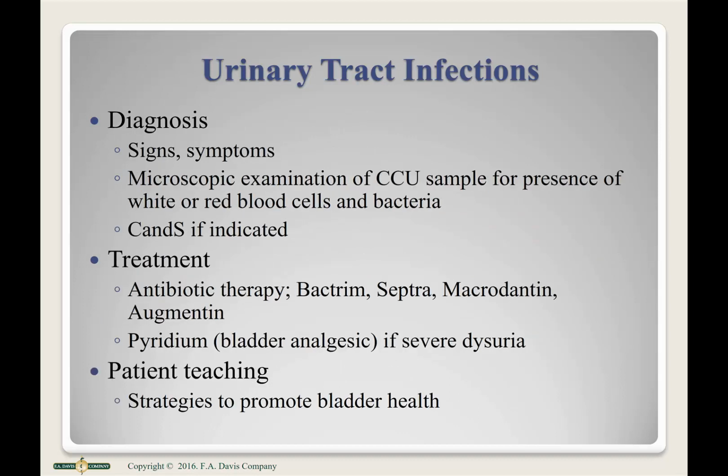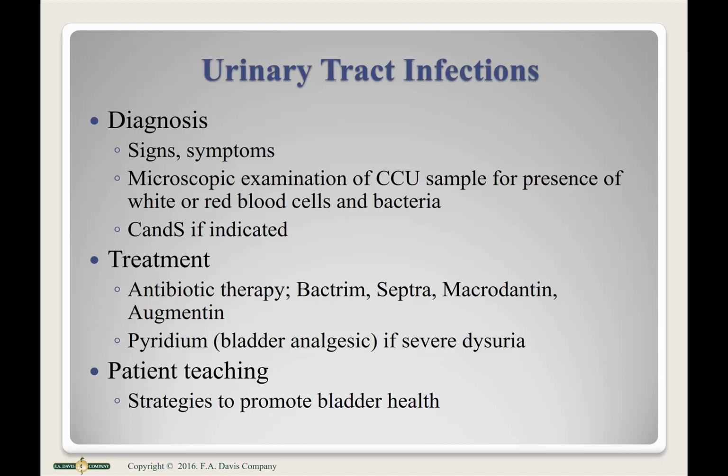Anyways, we can just diagnose on signs and symptoms if you trust your patient and their explanations. But typically we do a clean catch urine sample, we send it off, we see white cells, we see bacteria, and then usually treatment is antibiotic therapy: Bactrim, Septra, Macrodantin, or Augmentin.